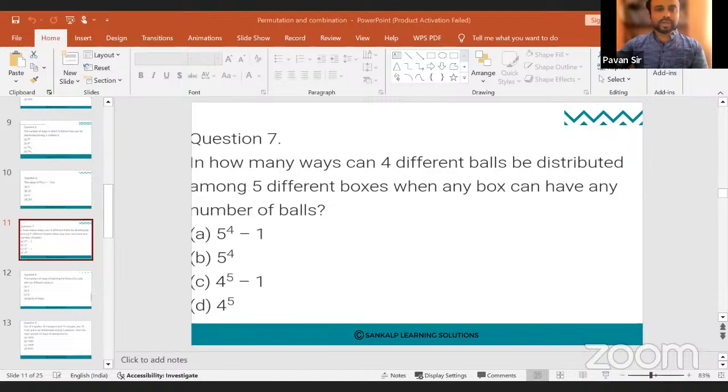Yes, 1 minute time. Quick. Sharath has given the option C as the answer, that is 4 raised to 5 minus 1. Let me see.